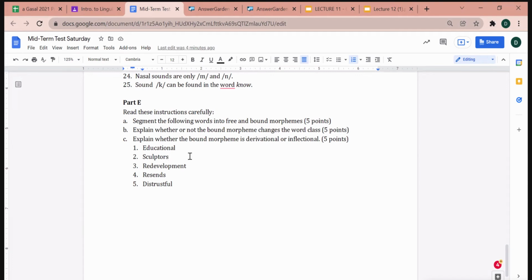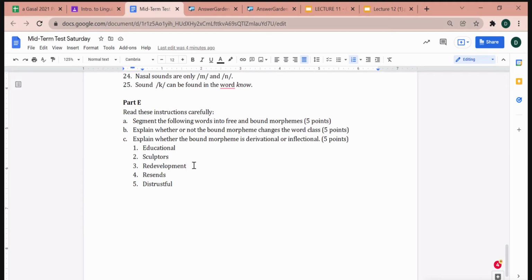So we could say that suffix or is derivational, while suffix s is inflectional, from noun to noun. Good. Why? Because it doesn't change the word class. Yeah.